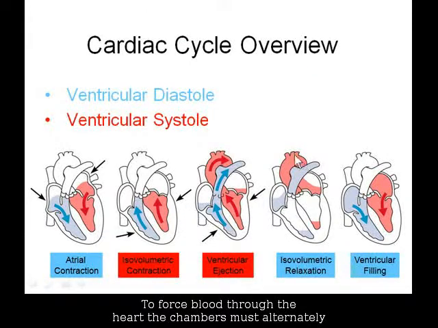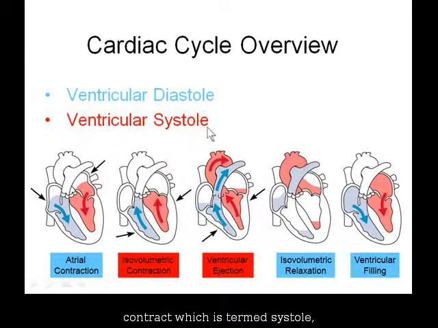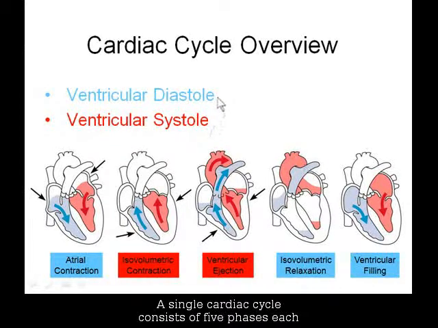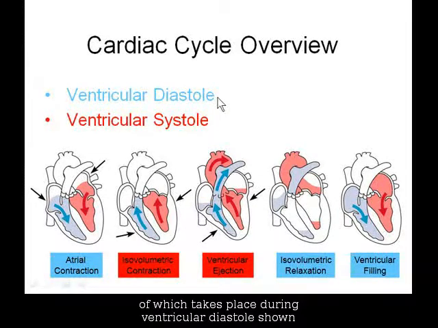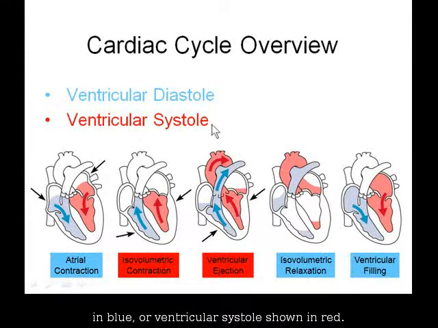To force blood through the heart, the chambers must alternately contract, which is termed systole, and relax, which is diastole. A single cardiac cycle consists of 5 phases, each of which takes place during ventricular diastole, shown in blue, or ventricular systole, shown in red.